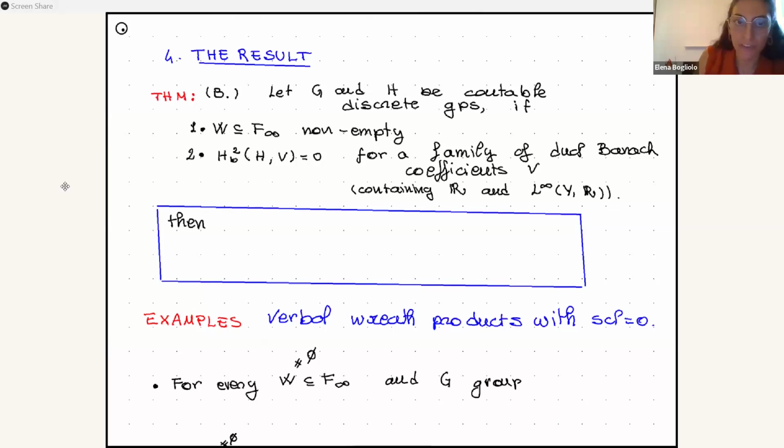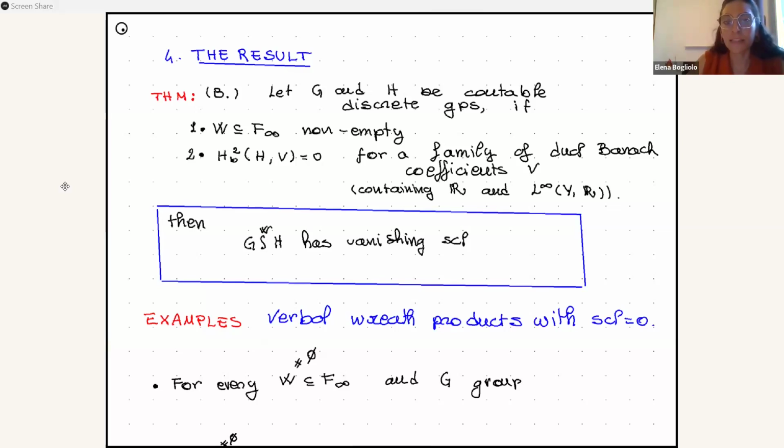If we have a non-empty subset W of F infinity, and if H has vanishing second bounded cohomology for a large family of dual Banach coefficients, then the verbal wreath product of G by H with respect to this non-empty W has vanishing stable commutator length.